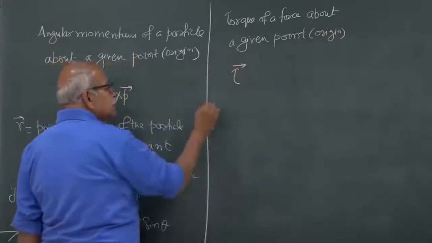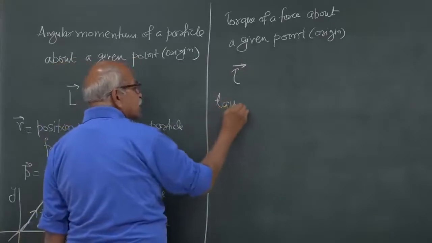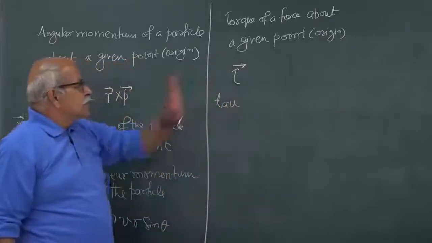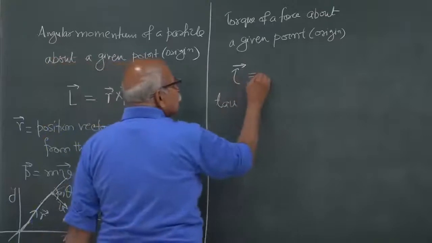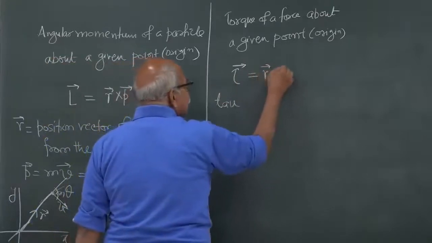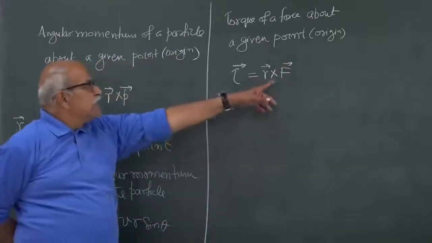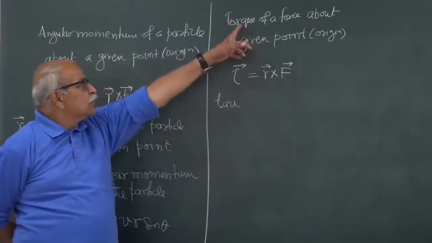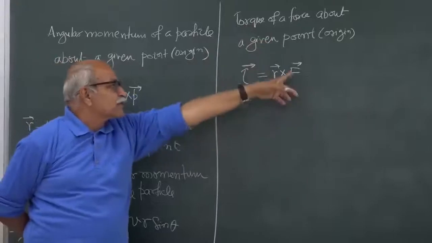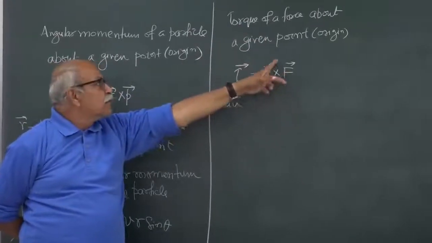We read it tau, T-A-U, the Greek letter tau, and then the vector sign is equal to r cross F, and once again F is the force. You want the torque of a force. So, where is that force? It is here, and about a given point.